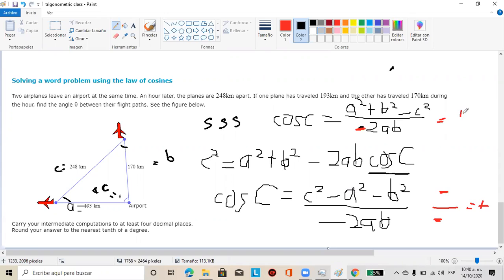And here you will have a positive number over a positive number. So it's okay, the two formulas are correct.